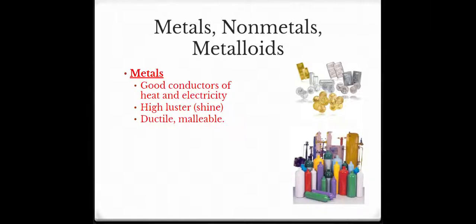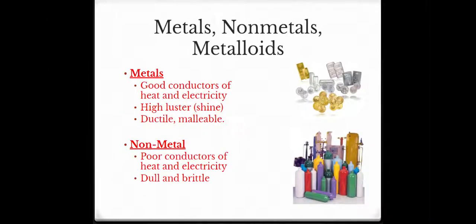They are ductile, which means that they can be hammered into flat sheets like aluminum. And they are malleable, which means that they can be manipulated into wire shapes, like copper. Nonmetals are poor conductors of heat and electricity. They are very dull and brittle.